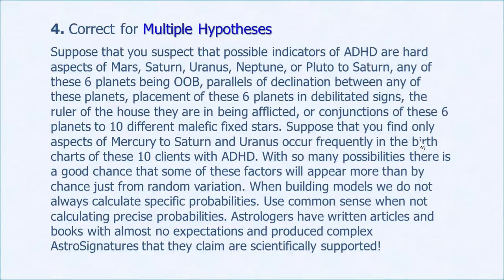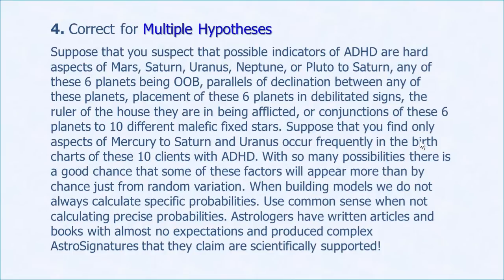There are so many things. Some of us also look at particular fixed stars. Well, when you lay out this long list of possible things, some of them are going to happen purely by chance. It's very, very simple.